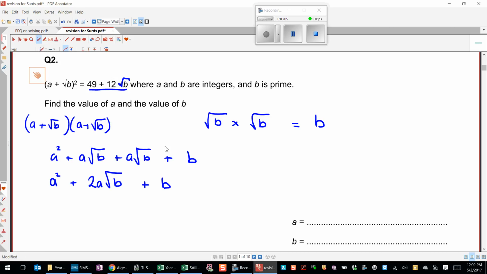So this equals 49 plus 12 root b, plus 12, 61. b is a prime number. And the reason they're telling us that is because b can't be simplified.